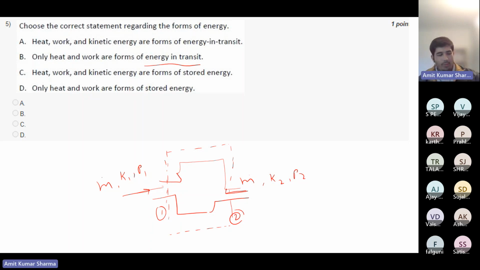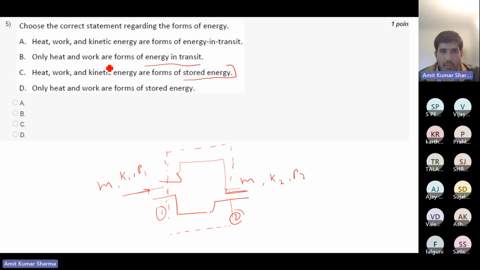You are on the right path to the answer, but you are not saying the exact thing, the meaning of energy in transit. You are correct, but you are just missing one or two words. Try to think more. You are saying that kinetic energy is stored energy.